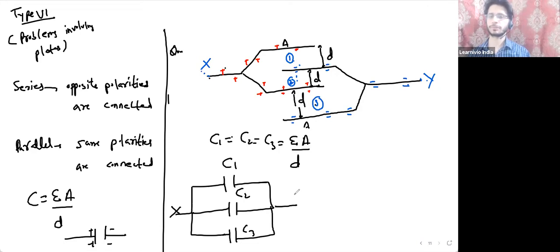So where are the capacitors? These are the capacitors. This combination of positive and negative plate is one capacitor, this combination is another capacitor, and this positive and negative is another capacitor.